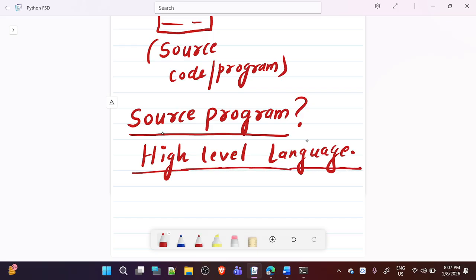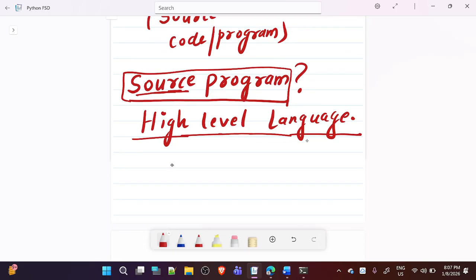Now my question is, is this source program human readable or machine readable? Human readable. The source program is human readable because a source program is a high level language program. And what are the high level languages?